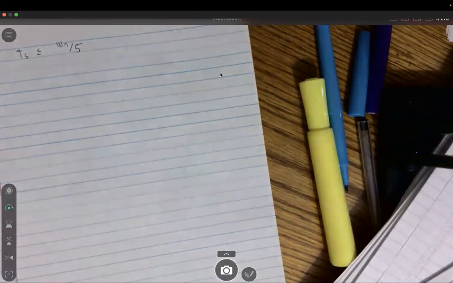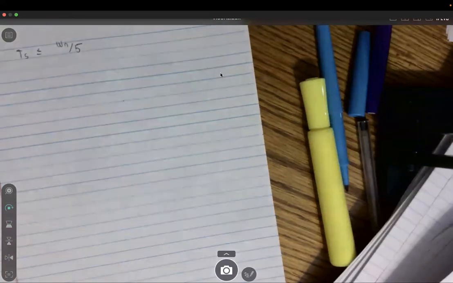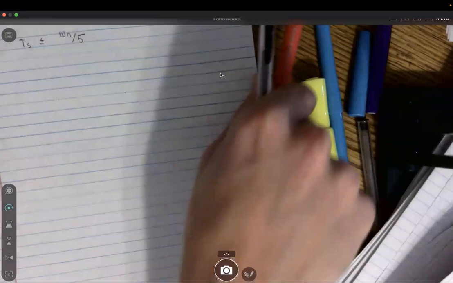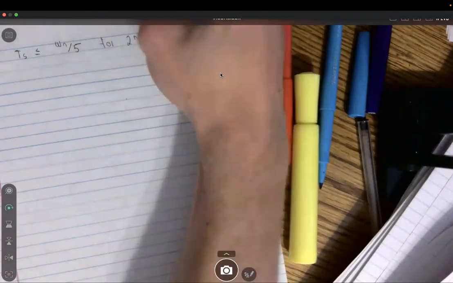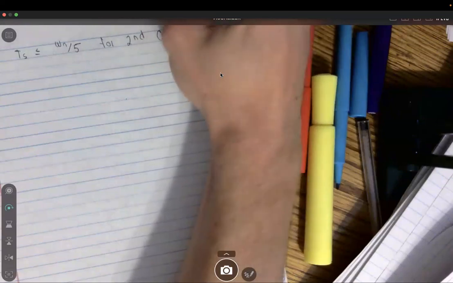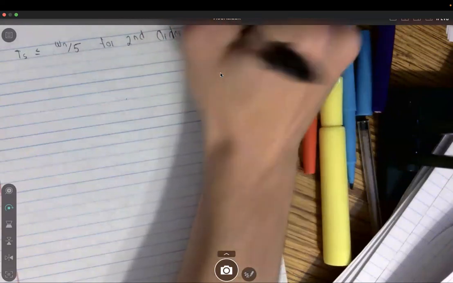So now that we have this, this is for second order systems for your sampling rate. Make sure you have that written down so you're good.